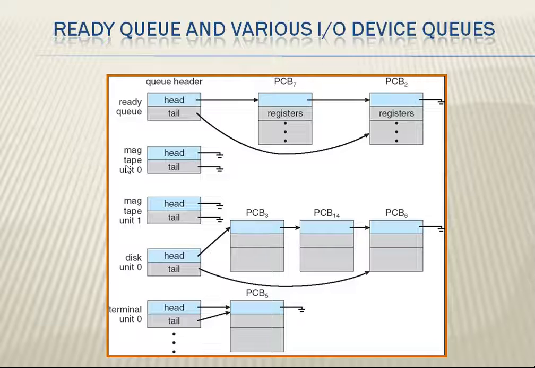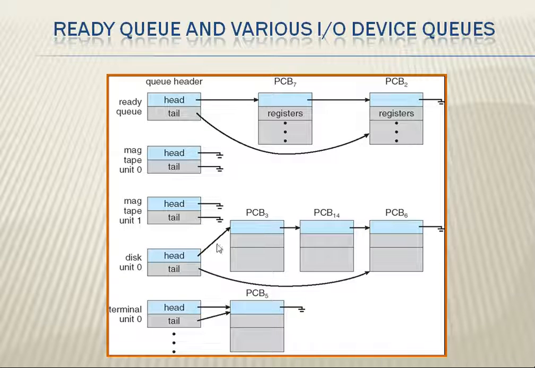Similarly, here we have magnetic tape unit 0. This is a device queue, as magnetic tape is an external device. It also has a head and tail, but there is no process information. So none of the processes are using magnetic tape 0. Whereas magnetic tape unit 1, we do not have anything. Here disk unit 0 has P3, P14 and P6, and we have a process control block for each of these processes.